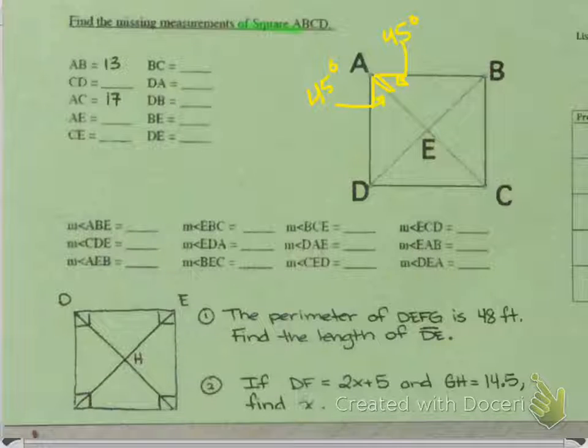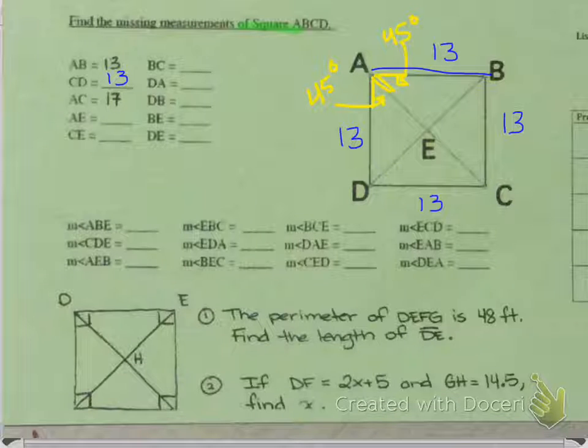We also know that a square has a bunch of congruent sides. So if the outside is 13, then all the other sides are also 13. So we can go ahead and fill those in. We know diagonals are congruent. So if this whole diagonal AC is 17, then the whole diagonal BD, or DB, whatever you want to call it, is going to be the same.